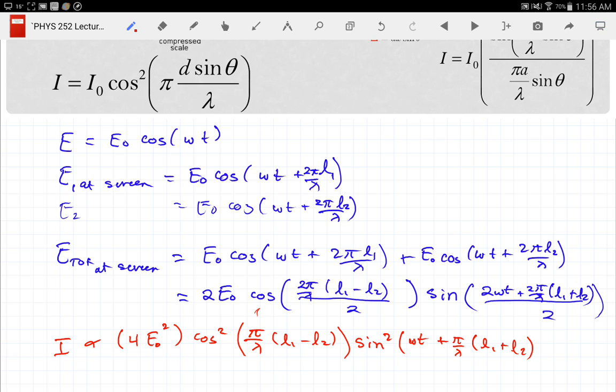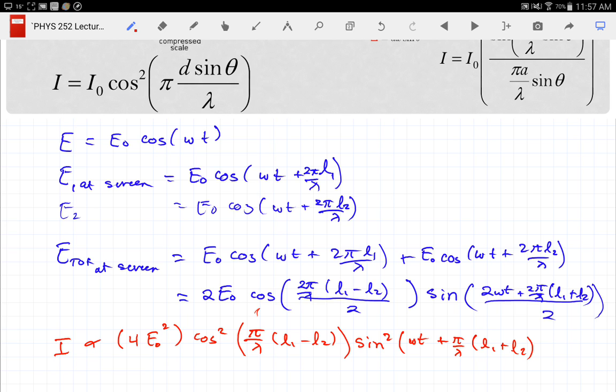If I look at that as a function of time, the first term, 4E0 squared, is constant. The second one, the cosine squared, is constant. The third one, the sine squared, is varying between 0 and 1. And the average, we said, was 1/2 because of the symmetry.